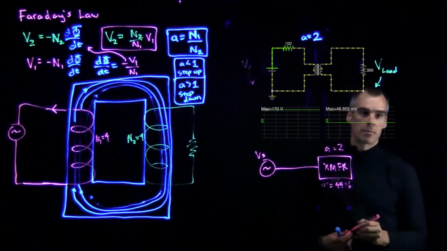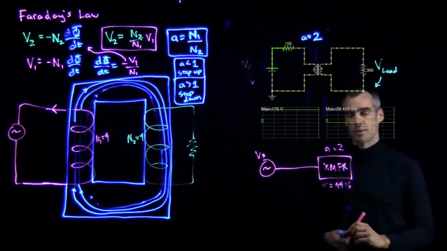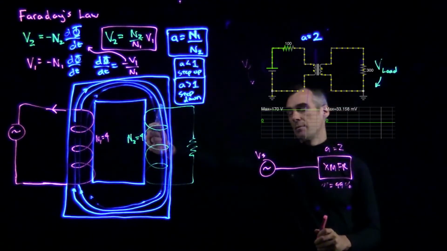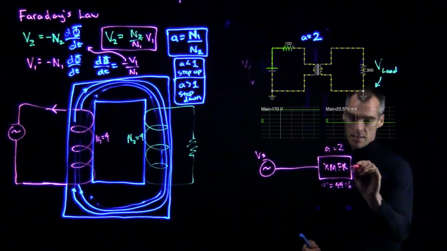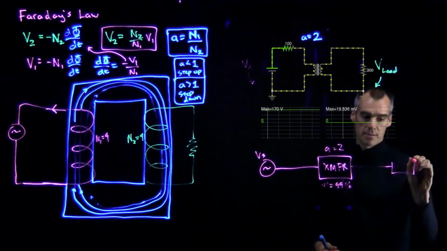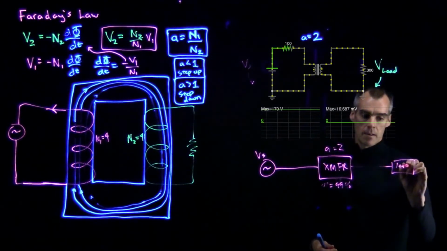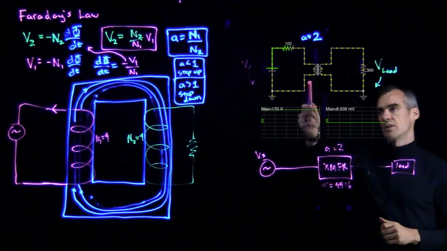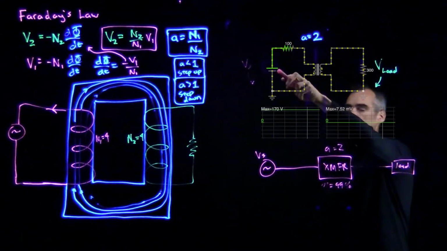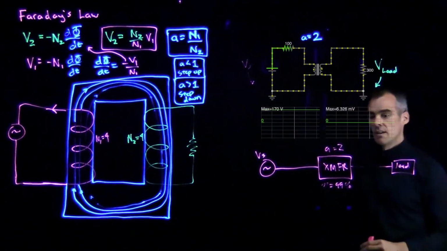You can get above 99% efficiency in transformers, which is pretty surprising, but you can apparently get all those magnetic lines in pretty well. And say this is going to connect to some kind of load. This would be a different way to represent a circuit like this, assuming, of course, that that was an AC source up here instead of DC.